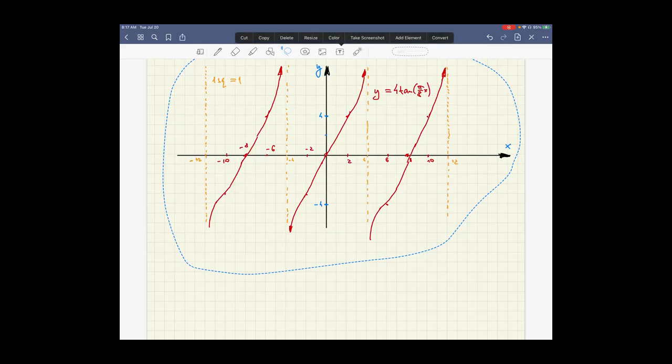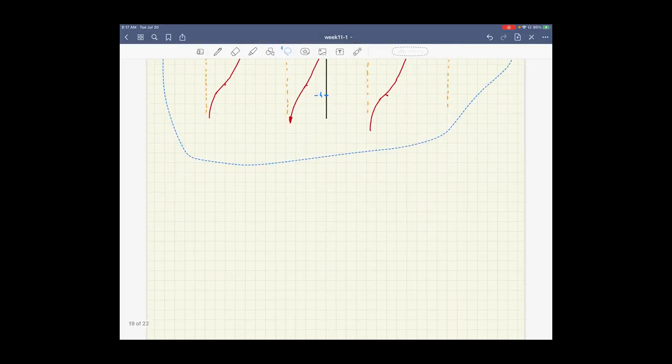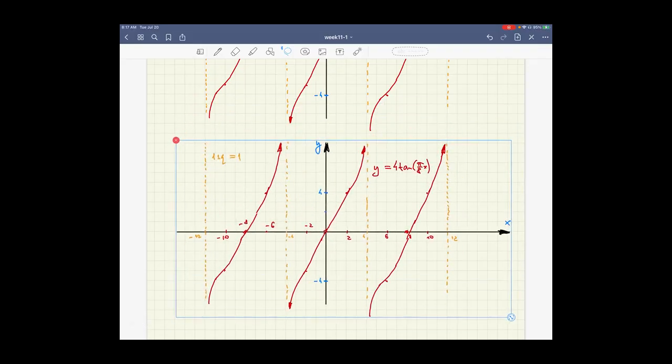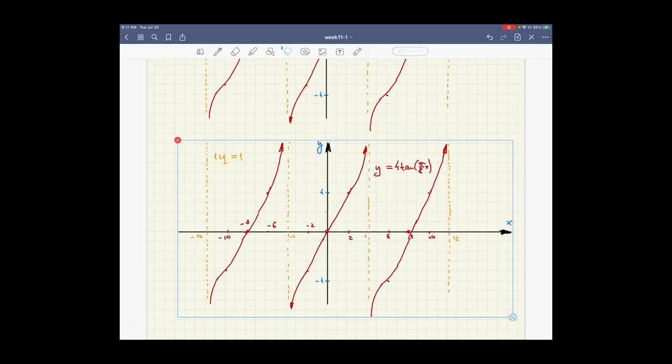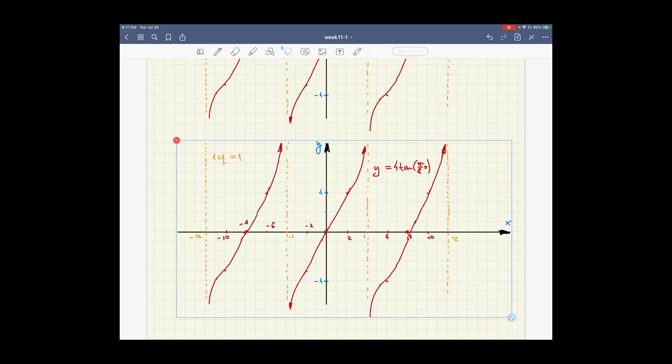And to put the minus in front of it, I simply reflect about the x-axis.